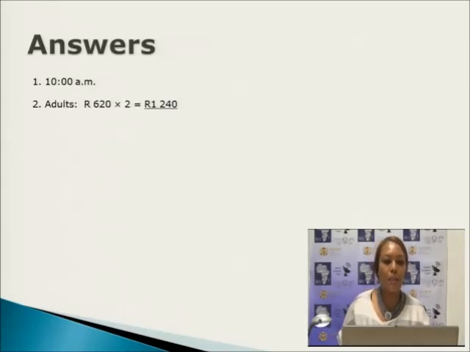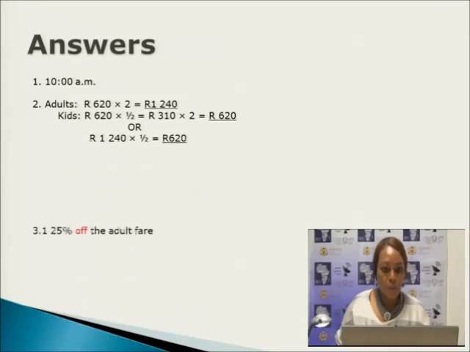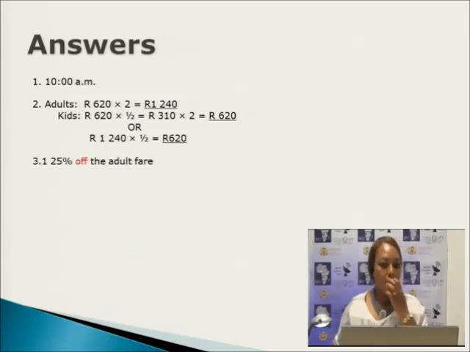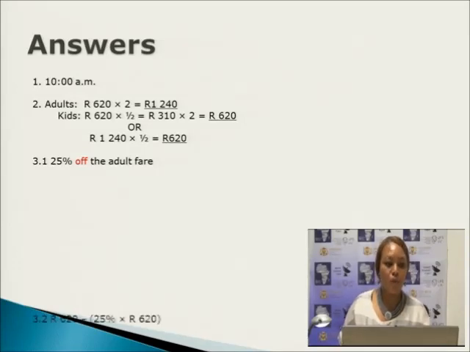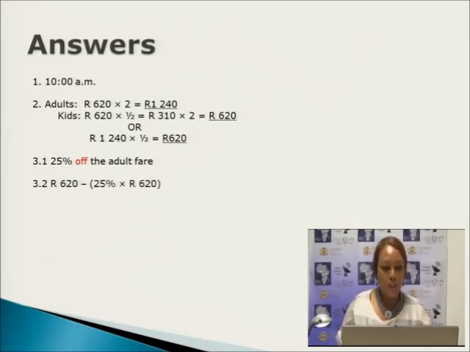It's 10 a.m. And then how much must the adult pay return? It's 1,250, as we have calculated it. And for the kids, these are the two methods that we have just indicated. It's 620. And then how much percentage was taken off for the citizen from the adult fare? It was 25% off. And then we did our calculations.